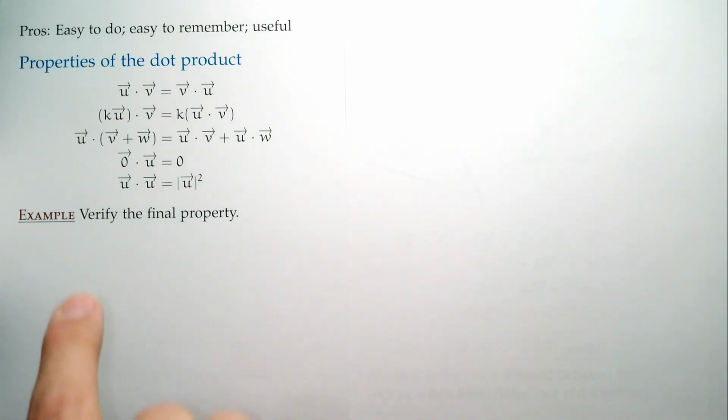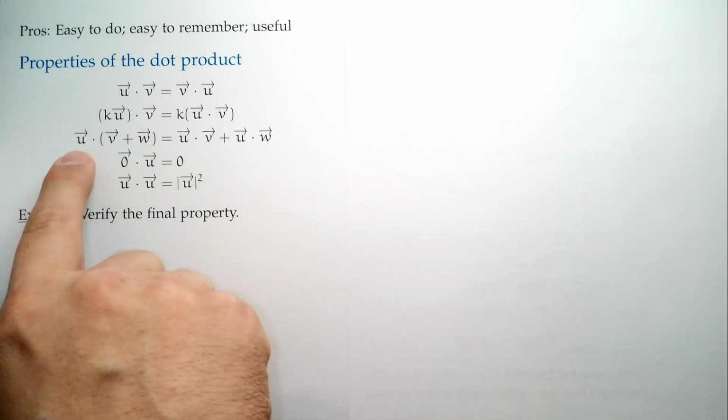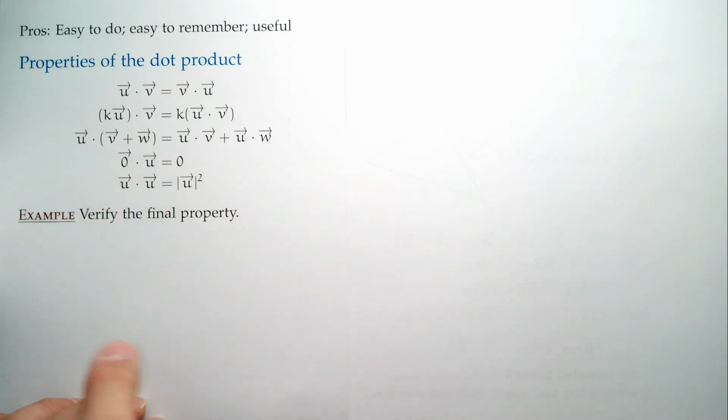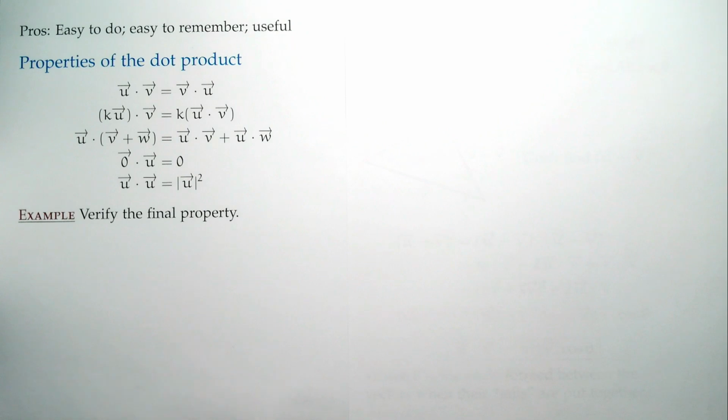We can also, and this is a really cool one, you can distribute. So if I have a vector u, and I'm dotting it with the vectors v plus w, then that gives us u dot v plus u dot w. So we can do what's called foiling now, because foiling is distribution. All right, well, that's good.